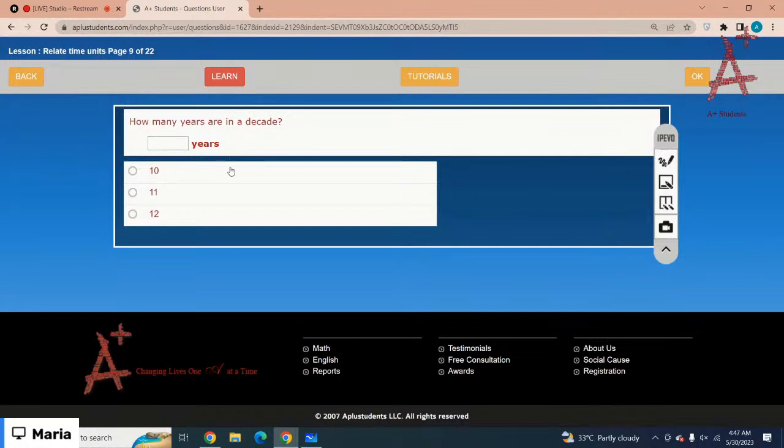Yes, that means 10. In a decade, you have 10 years, not 12.